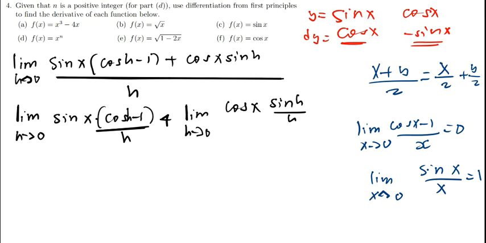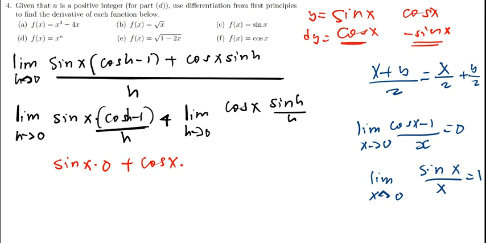Now these are the identities we are going to be following here. I can clearly see that I have got the limit as x approaches, now the limit as x approaches this guy, we have said that is 0. So I'm going to replace it here with 0. So I have sin x times 0 plus, again here I'll have cos x times sin h over h.